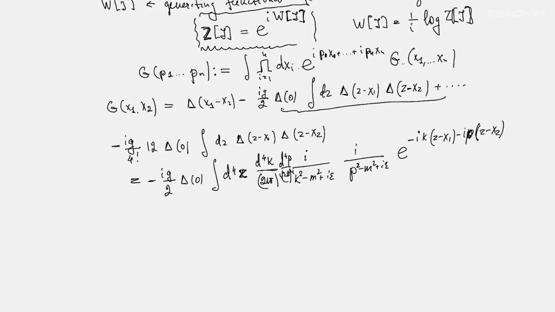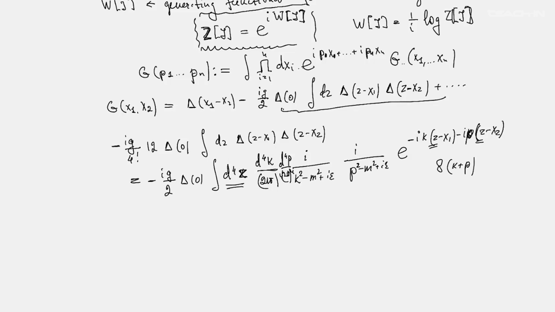Now you see that what I can do is perform the integration over z. And integration over z tells me that I will be getting the delta function δ(k plus p). And so one of the integrals, either over k or over p, whatever you prefer, can be taken with the help of this delta function.